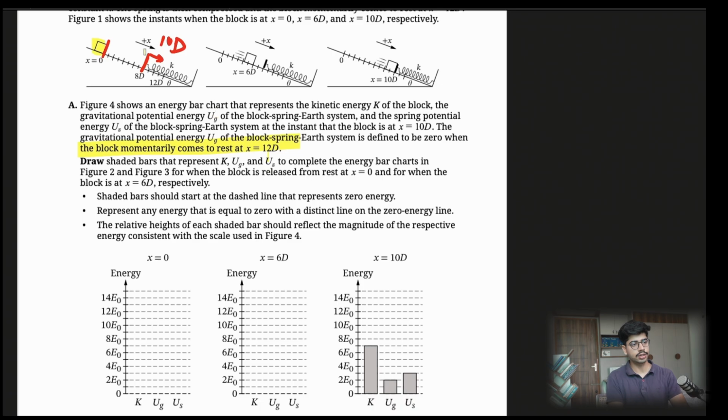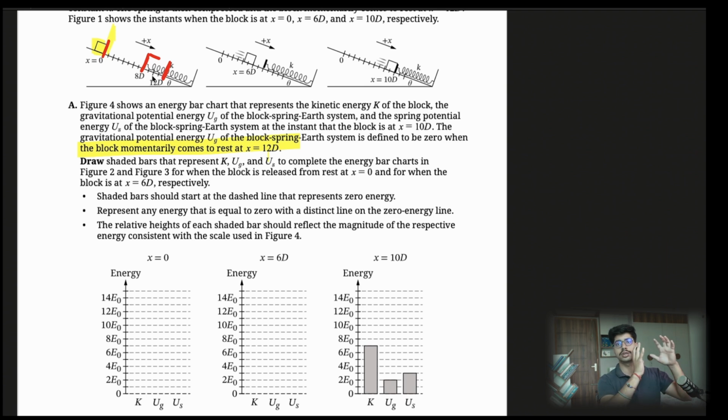It means that initially all the energy was gravitational potential energy, and at this point, at 12D, all of that gravitational potential energy converts into spring potential energy. That should be clear in your mind. Remember, energy is always conserved, it is a conserved quantity.